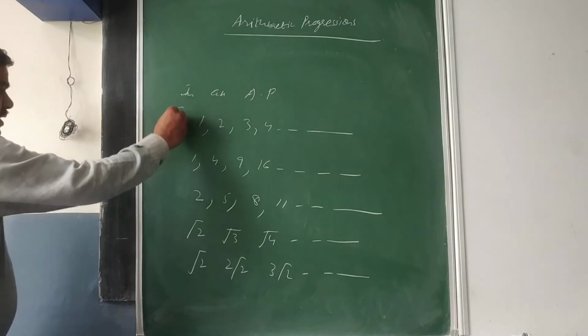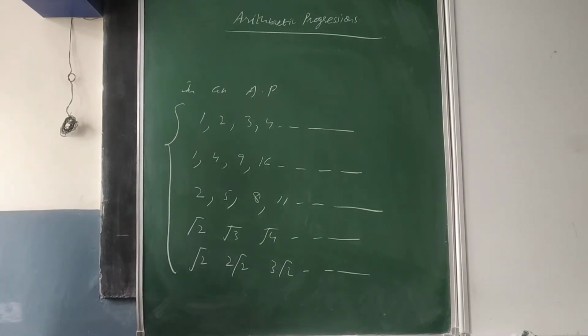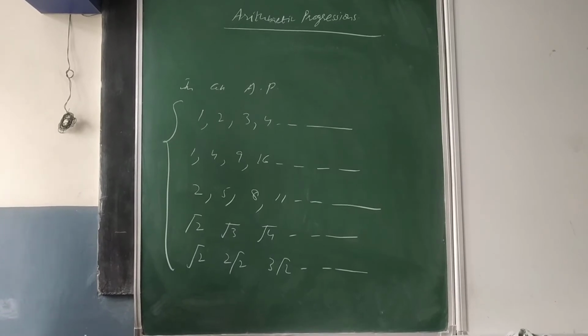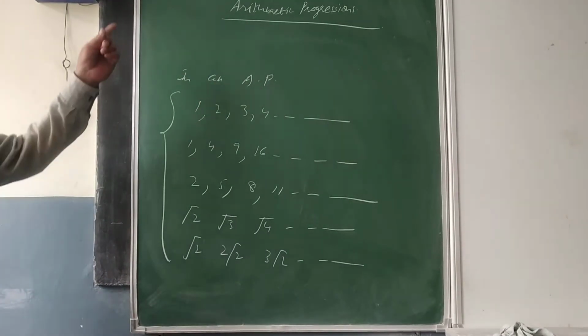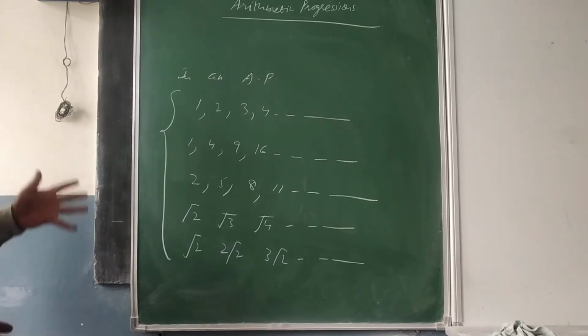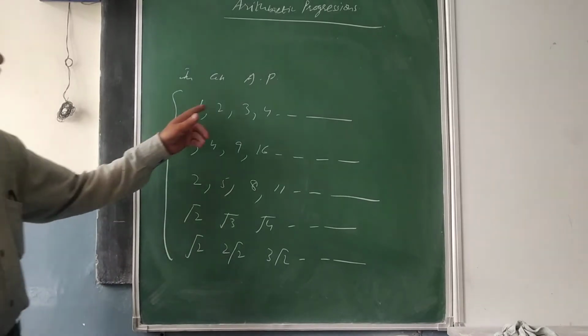So these are some sequences I am writing, and out of those sequences, if I want to identify which is the arithmetic progression, no doubt it will be expressed in terms of a sequence or series where these are the terms.